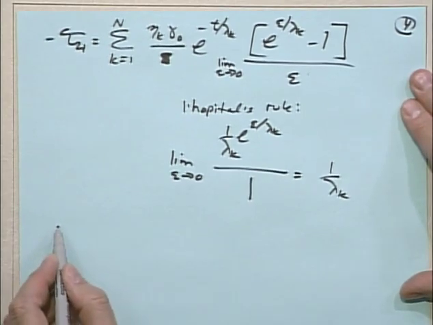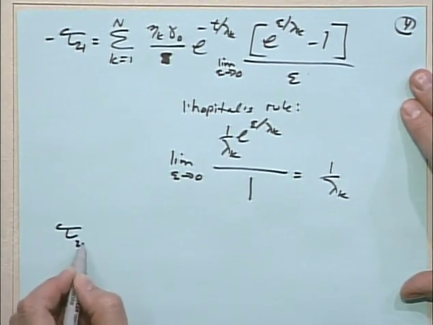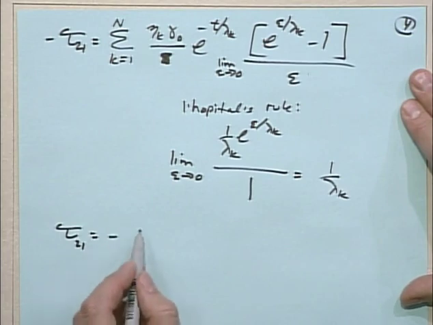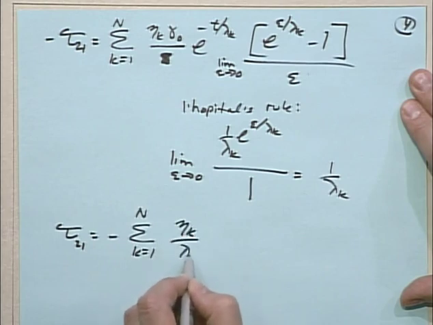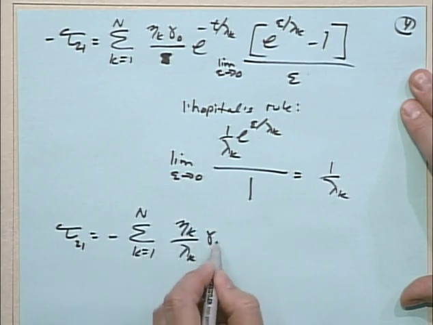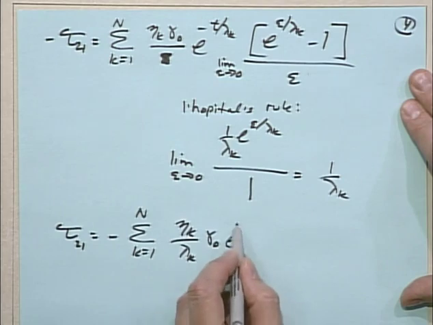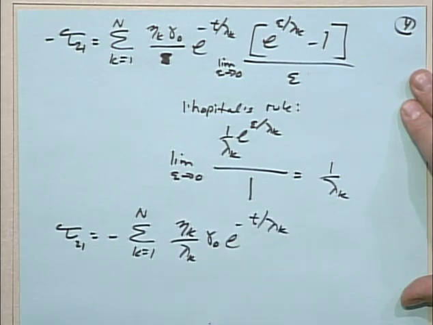So I finally get my stress. Tau 21 equals minus the summation k equal 1 to n of eta k over lambda k times gamma naught times e to the minus t over lambda k.